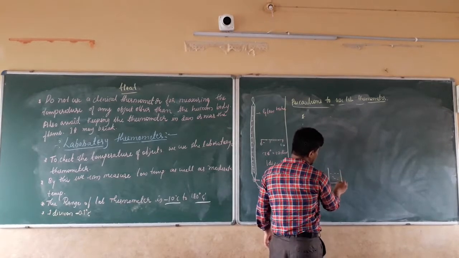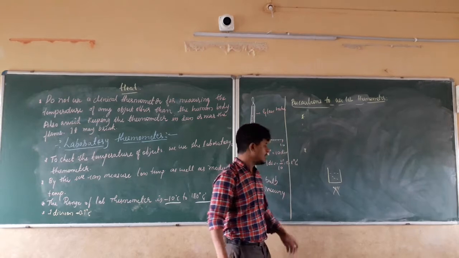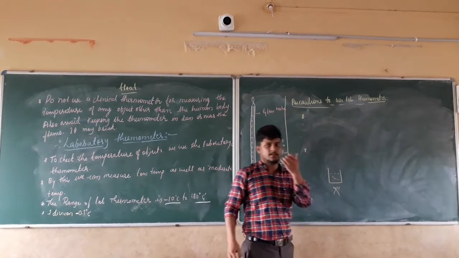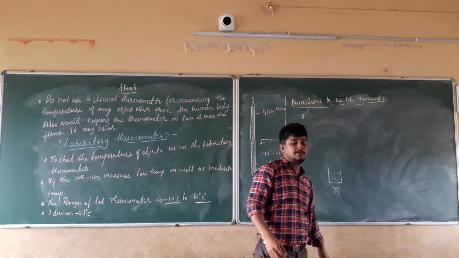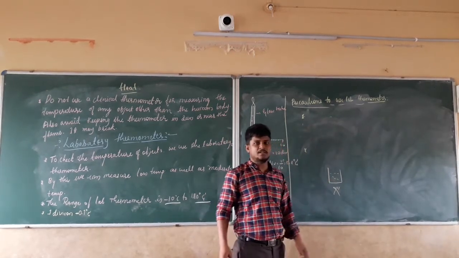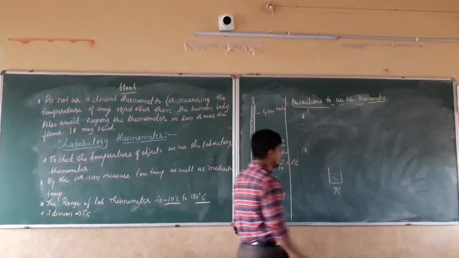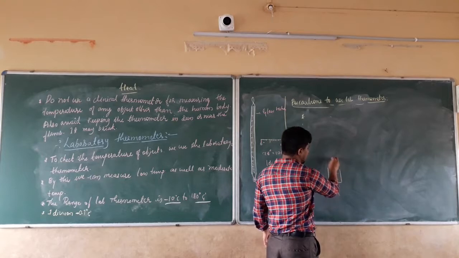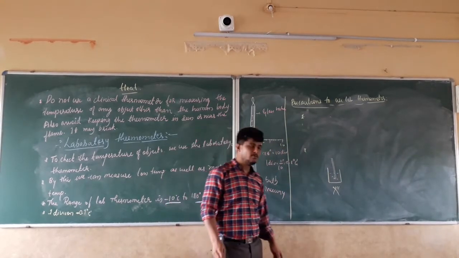In this water, what am I going to do? I am going to heat this water. What will happen if I go on heating this water? The temperature goes on increasing. I have to check the temperature of this water. What will I do? I am going to put a thermometer here, like this.